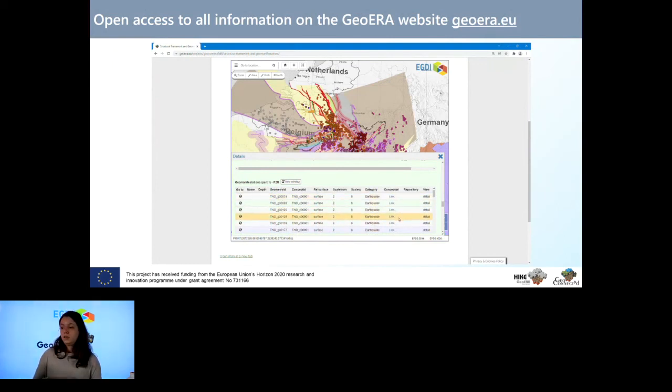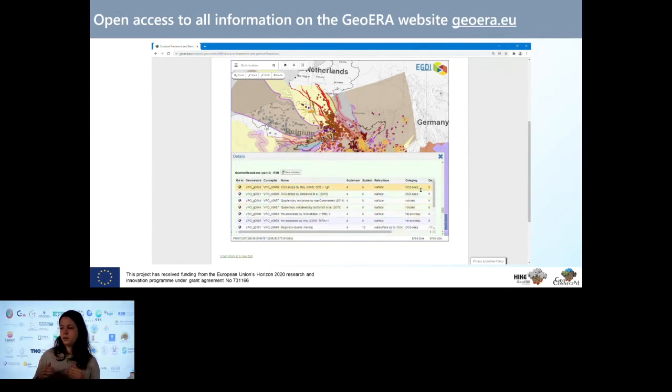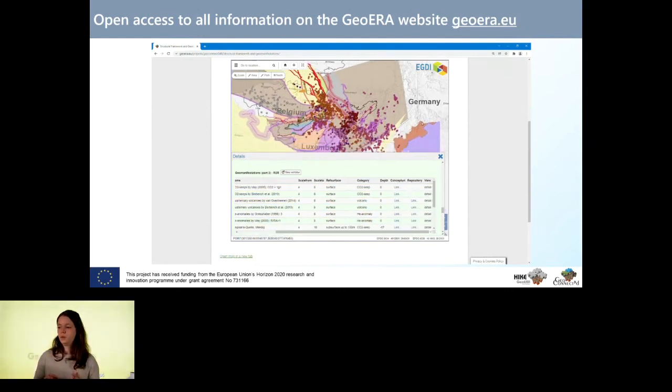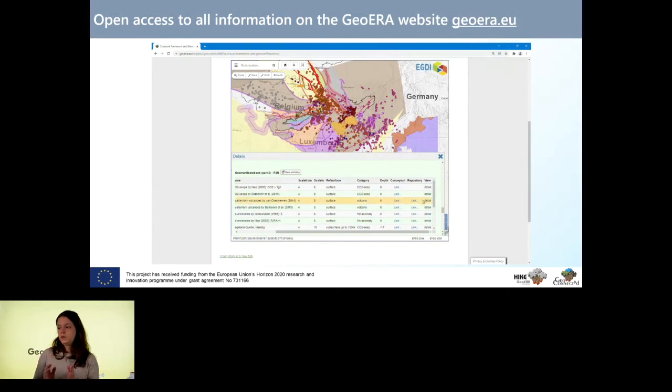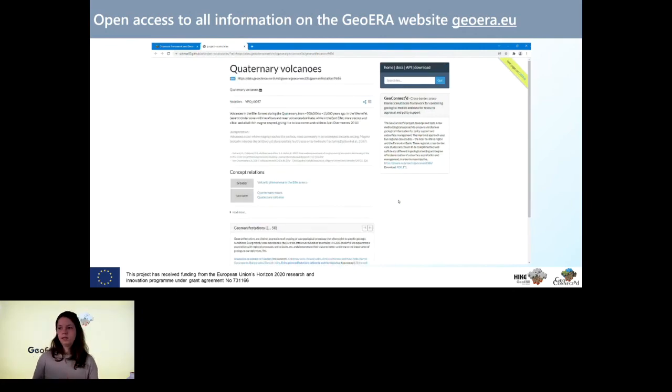And just to show something extra about geomanifestations, for example these Quaternary volcanoes, you see that the columns to the right have a concept URI column that links to the vocabulary, and this is standard for all GeoERA projects.